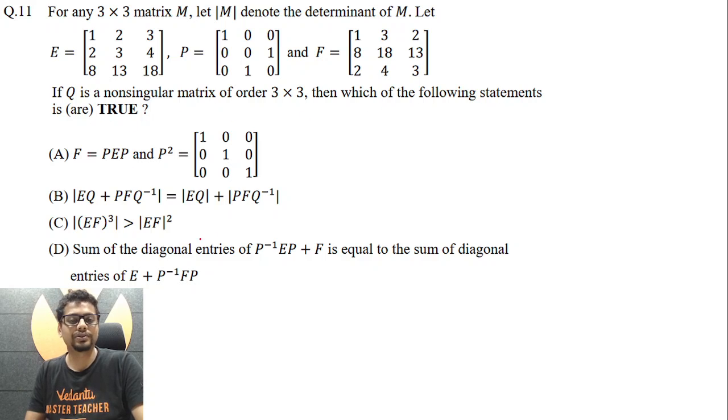There are 4 options. It is a multiple choice, multiple correct type question. Let's first consider option A. So here P is this. So what about P square?